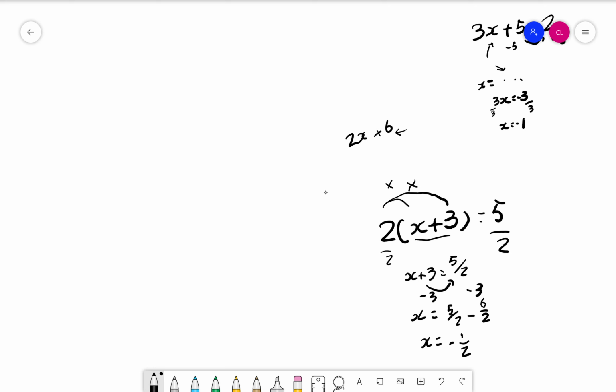And then you can also just solve it like this. Wait, no. What am I doing? Oh, equals 5. And then you can just cancel off. So 2x equals minus 1. x equals minus a half.